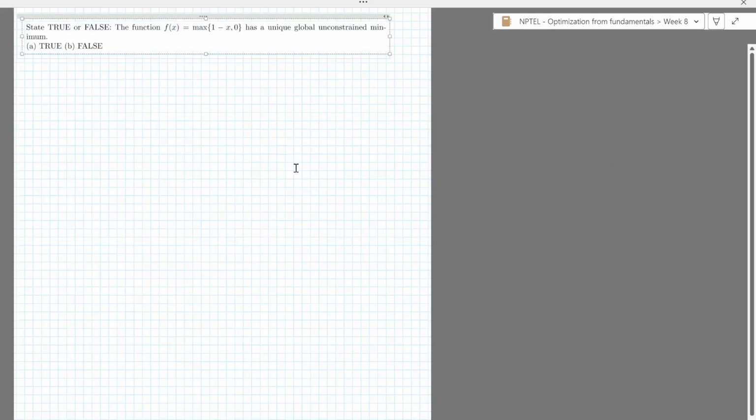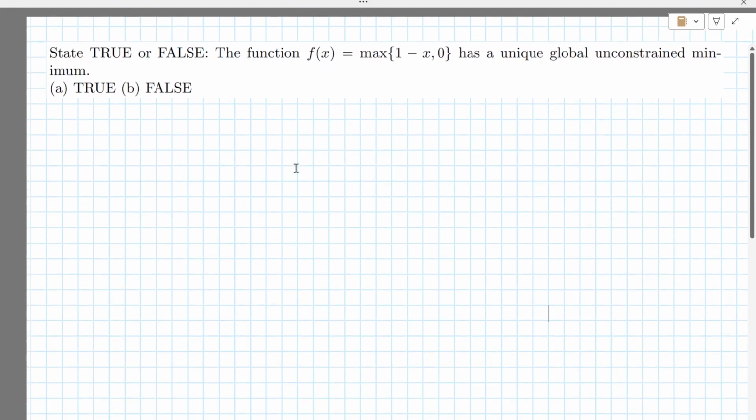The next question. What I have is some function f of x equal to max of (1 minus x, 0), and this is also a true or false question. We are asked whether this has a unique global unconstrained minima.